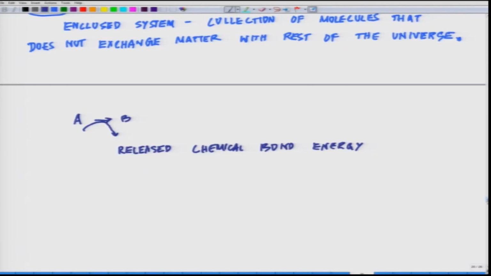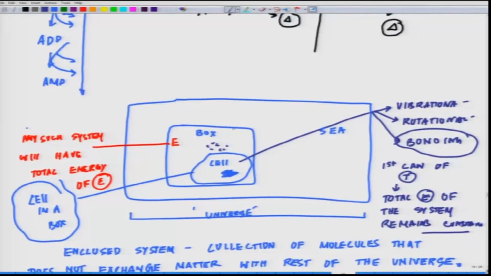So, there will be a lot of collisions of the molecules, which heat up the walls, and this will eventually get transferred outside in the form of heat, to the outside world. In the end, the system returns to its initial temperature, by which time all the chemical bond energy released in the box has been converted into heat energy.